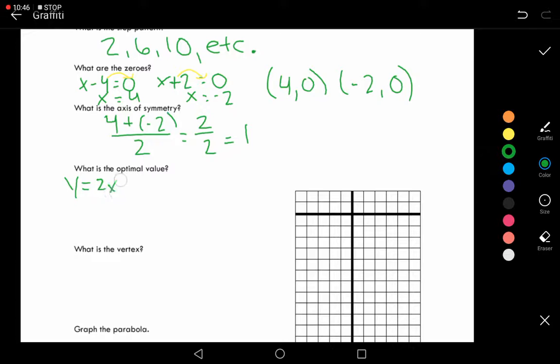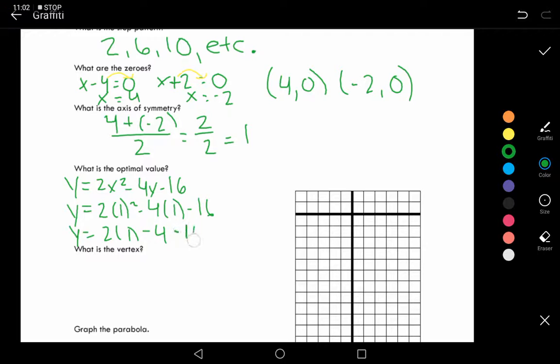So I'm just going to rewrite out that equation so that it's in front of me. And then I'm going to replace the x's with 1. So I have 2 times 1 minus 4 minus 16. 2 times 1 is just 2, right? So 2 minus 4 is negative 2. Negative 2 minus 16 is negative 18.